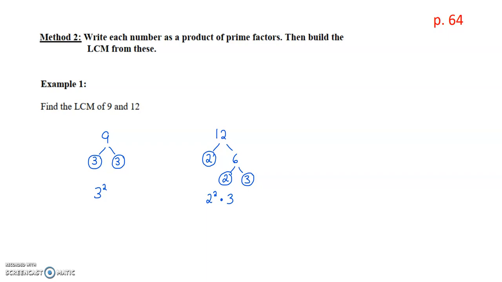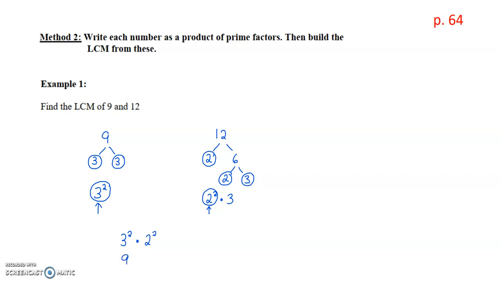So what this means is I'm going to take the 3 squared, and I'm not going to take the 3 coming from the result of prime factorization of the 12. Because it's the same number, I'm not taking it. I'm going to take the 2 squared as well. So what I'm saying then is the lowest common multiple is the result of 3 squared times 2 squared.